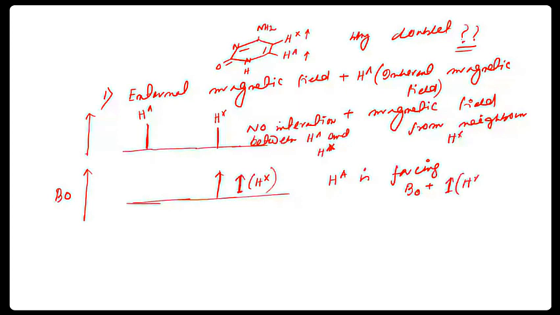So HA faces quite a bit more than B0, with extra coming from the neighboring magnetic field of HX.